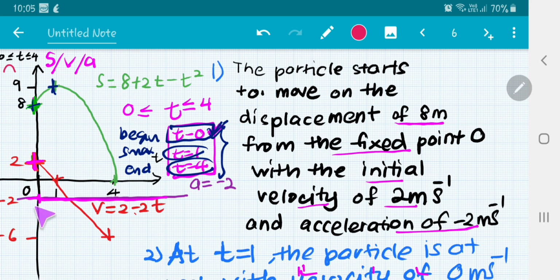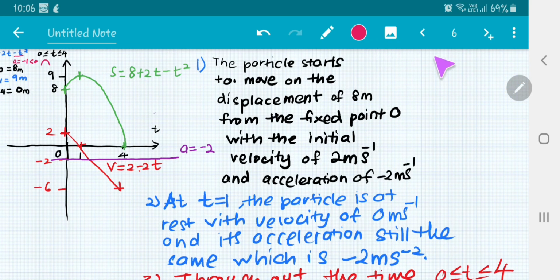Right, next. Let's see at 1 second what happens. Okay, at 1 second, what's happened here? The coordinate here is 1, 0.